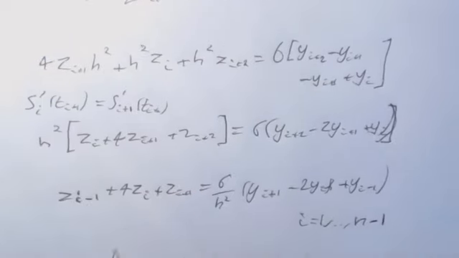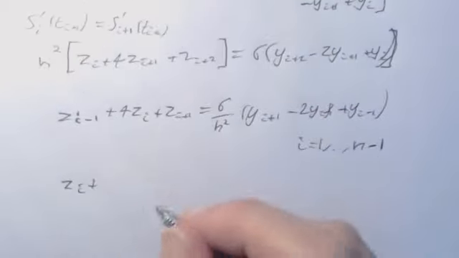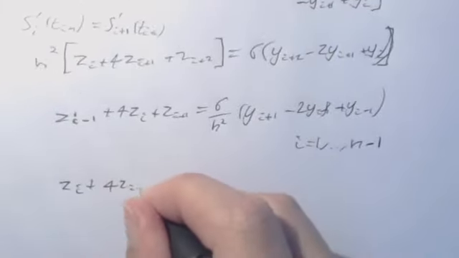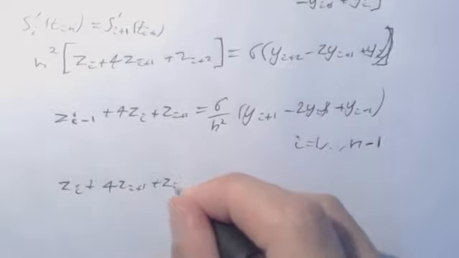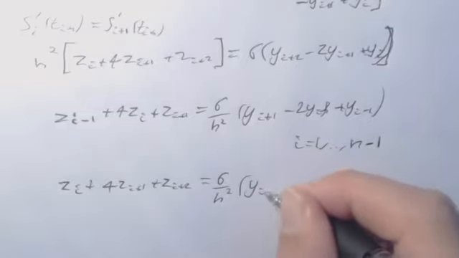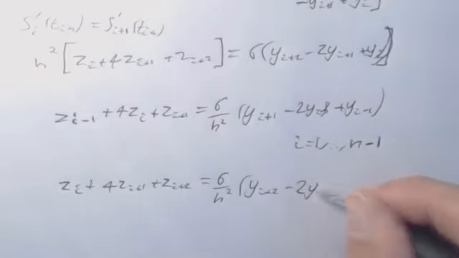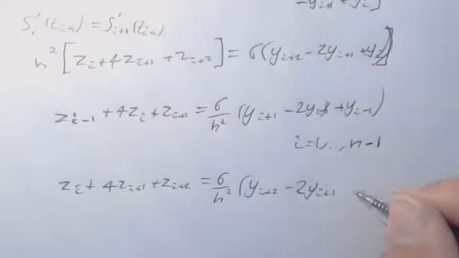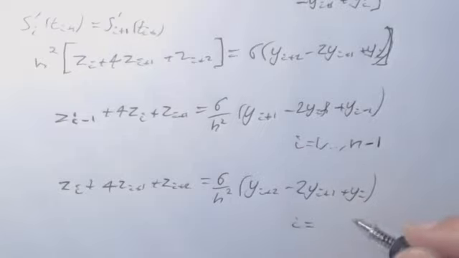So if we add 1 to all the i's through here, we have z_i + 4z_i+1 + z_i+2 equals 6 over h^2 (y_i+2 - 2y_i+1 + y_i), for i equals 0 to n-2.